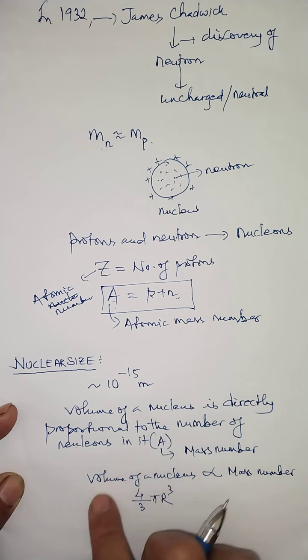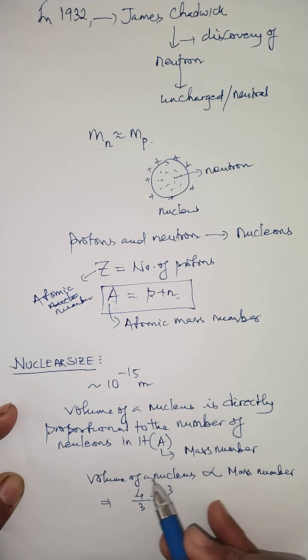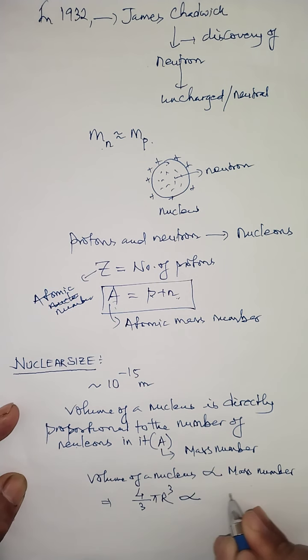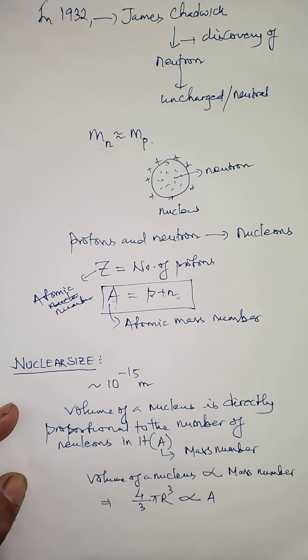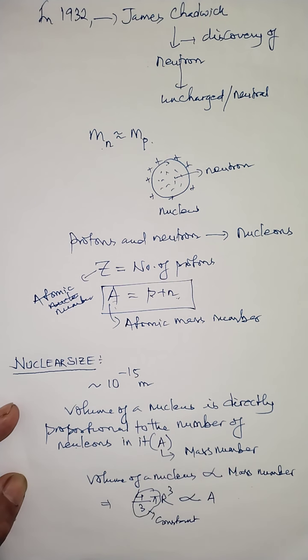This relation measures the volume of the nucleus, equal to the volume of a sphere, because it was assumed that the nucleus is spherical in shape. It is proportional to the mass number, symbolized by A. So if 4 by 3 pi R cube is proportional to A, then 4 by 3 pi is basically a constant.